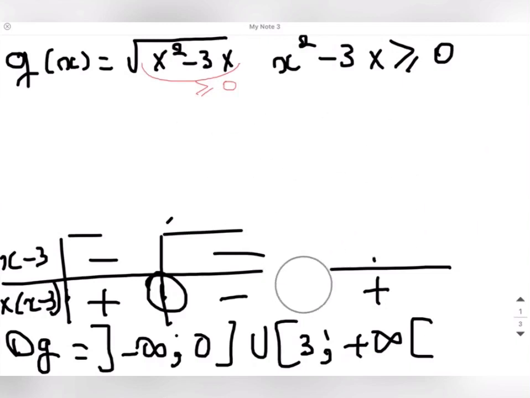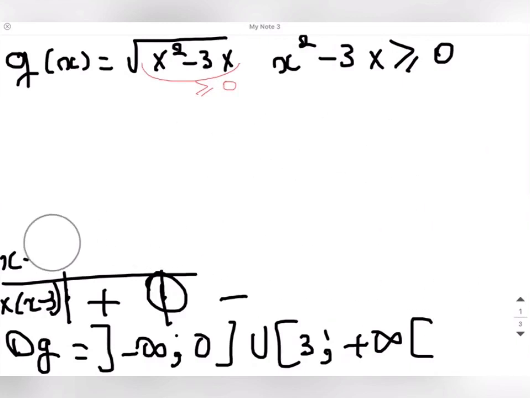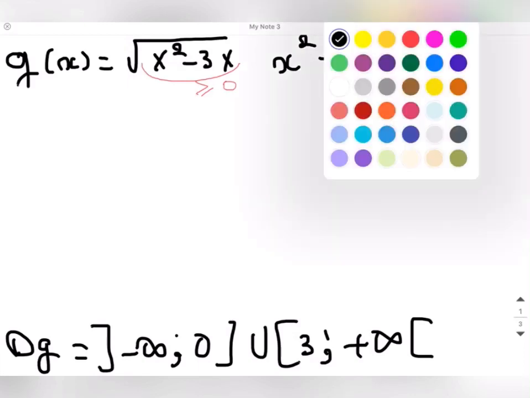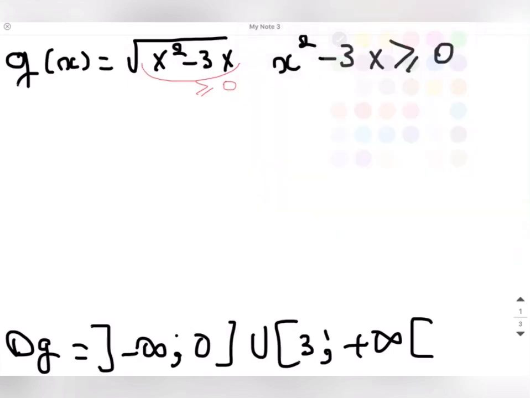Here the domain is divided into two smaller intervals, as you can see. Minus infinity to 0 and 3 to plus infinity, so we are going to work among them, but not at the same time. Okay, so let's start with x between minus infinity and 0.